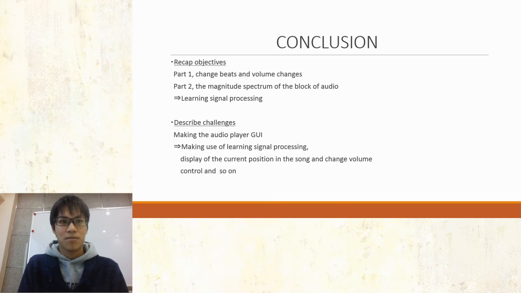We challenged ourselves to make the audio player. Making use of our education of signal processing, we wanted to make the audio player. For example, our player has display of the current position in the song, and it can change the volume.